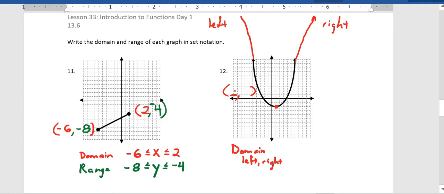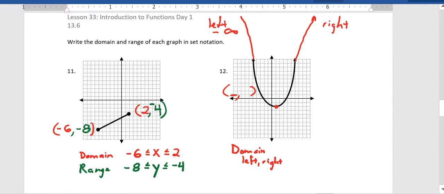And even though the graph is going up, my negative numbers for my x value are still getting more negative, or further from 0. And so this graph goes forever to the left, which we call negative infinity.